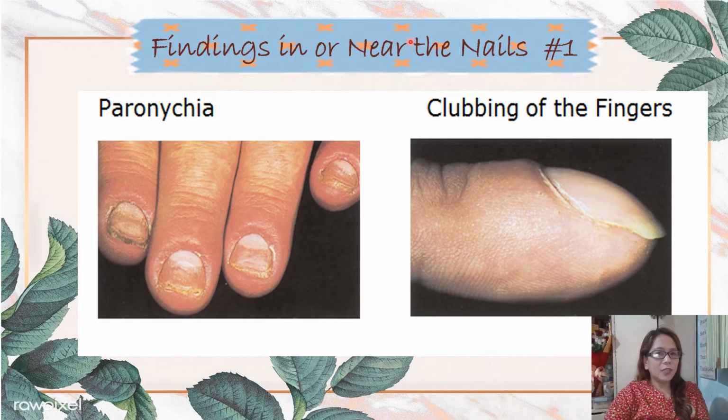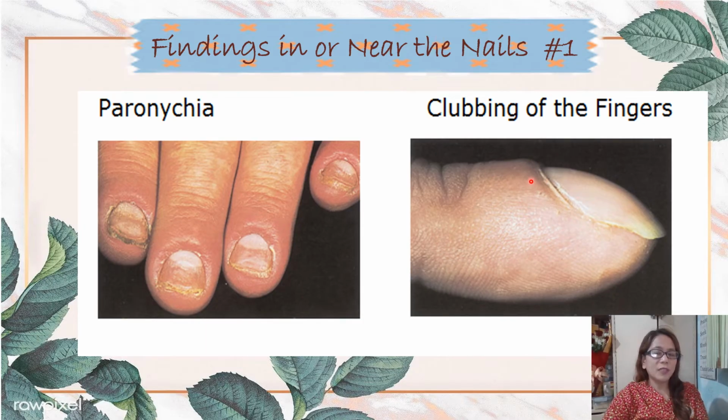Okay, so another example here is the clubbing of the fingers. Okay, there is a bulbous swelling of the soft tissue of the nail base, okay, with loss of the normal angle between the nail and the proximal nail fold. This is due to hypoxia or decreased supply of oxygen, or could be because of genes or genetics.